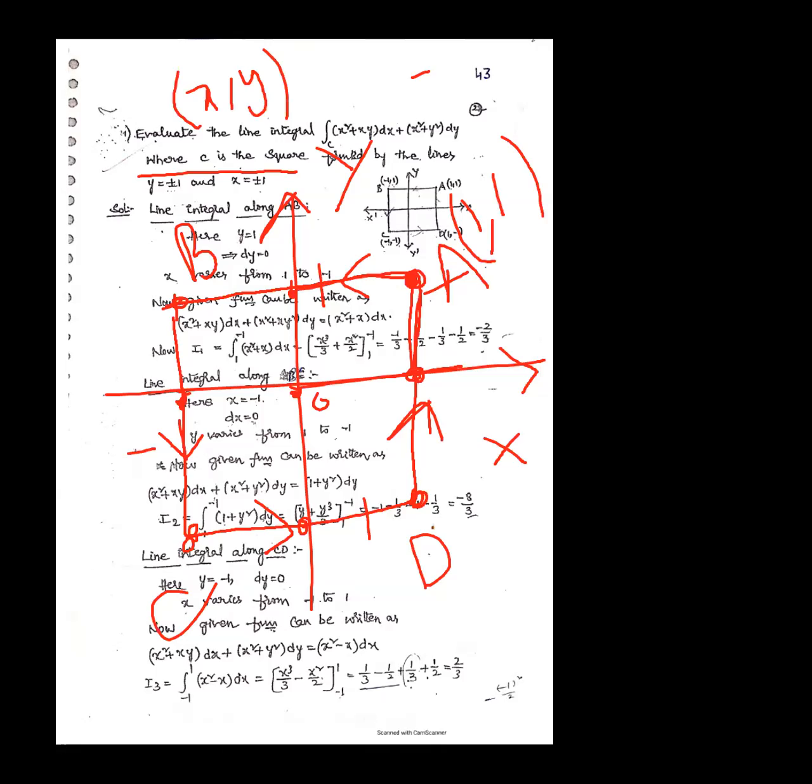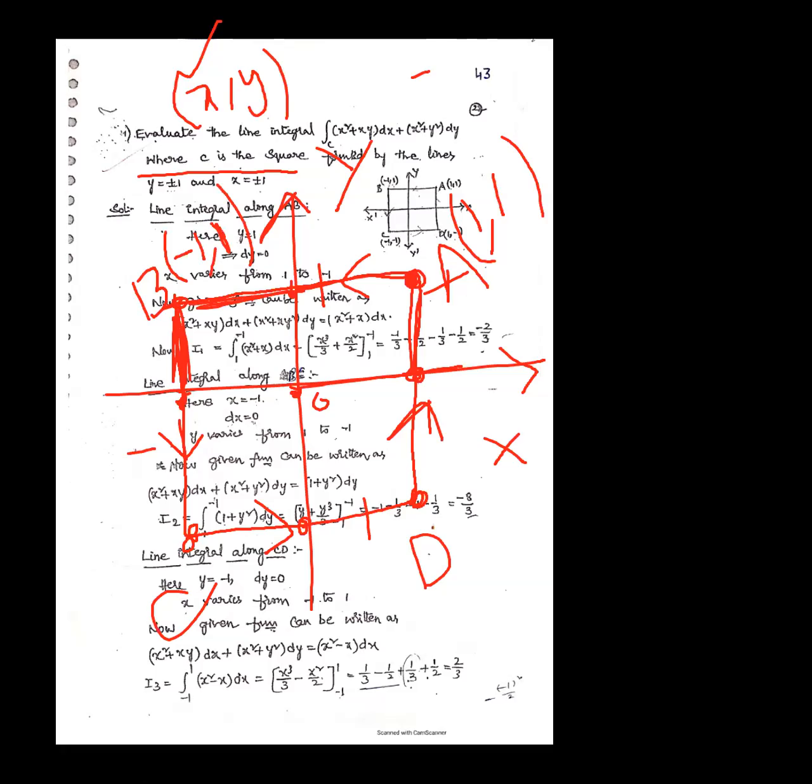And similarly, we write point B. Every point we write with x first. For B, the x value is on the negative axis, that is minus 1, and the y value is positive 1.